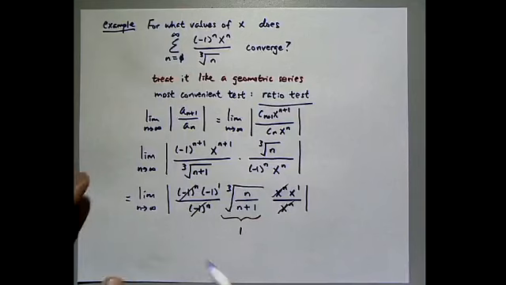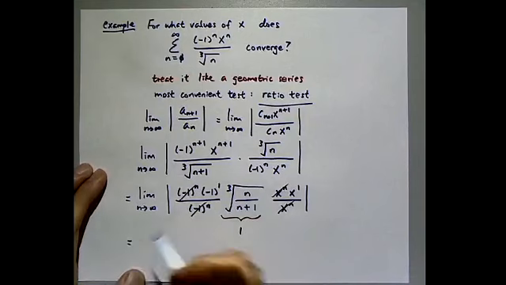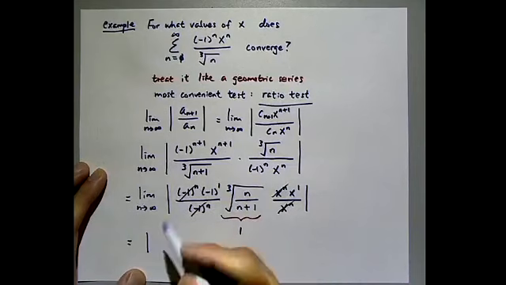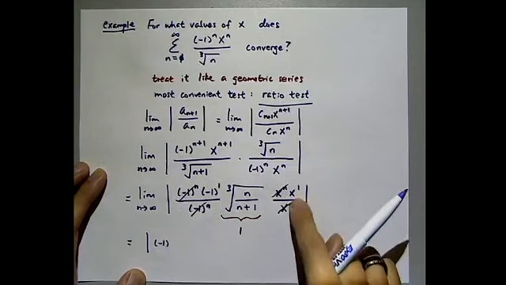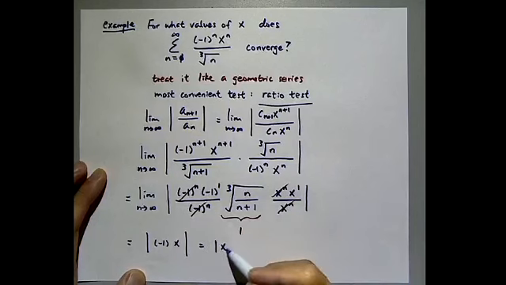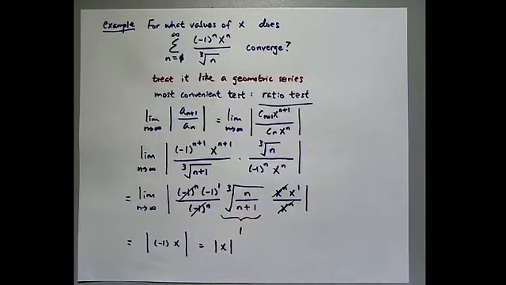Okay. Now what we have left, after n went to infinity, is the absolute value of minus 1 times x. And of course the absolute value of minus 1 times x is the same as the absolute value of x because of the power of absolute value.